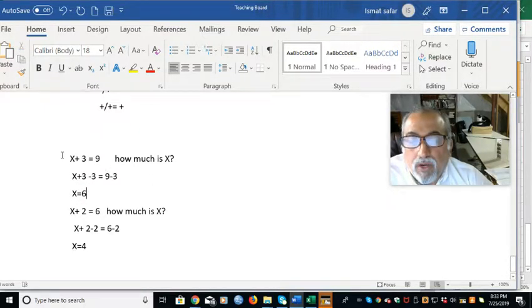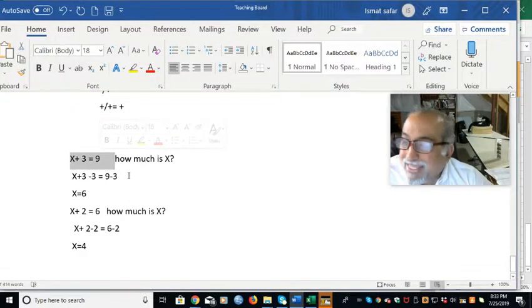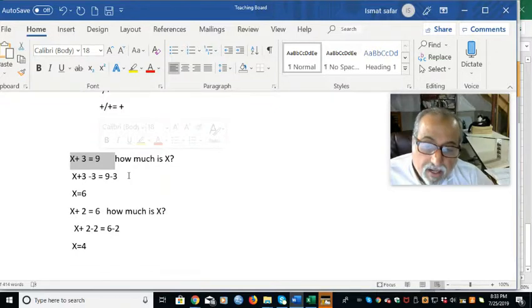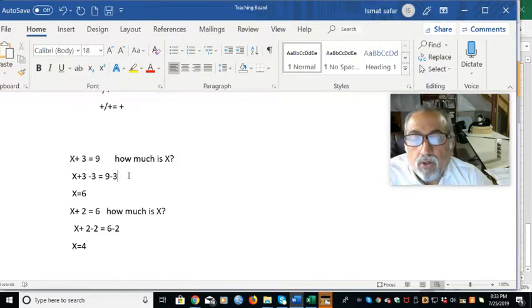If we have an equation like this, we try to subtract a number, or add a number, or multiply a number, or divide a number. It depends on the equation we have. And we are going to give you a lot of examples of equations so you can solve them.